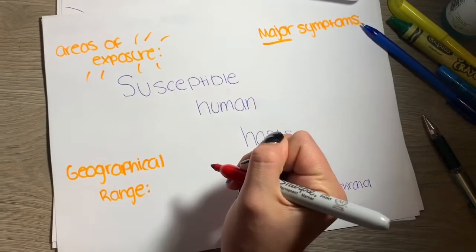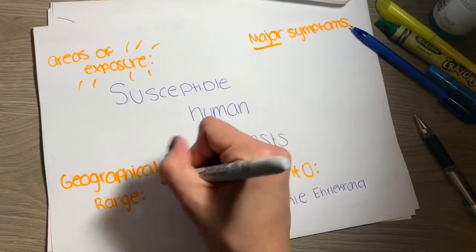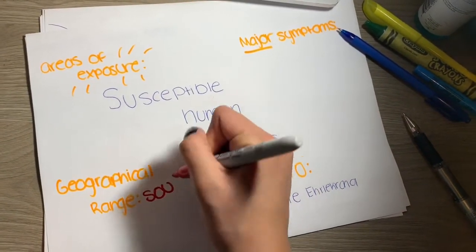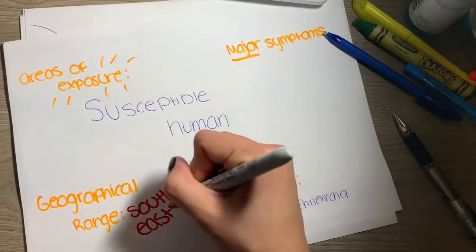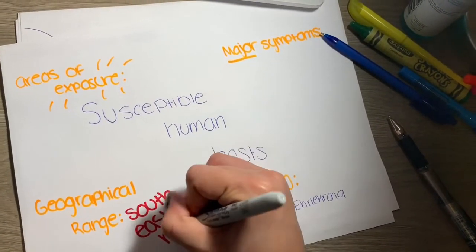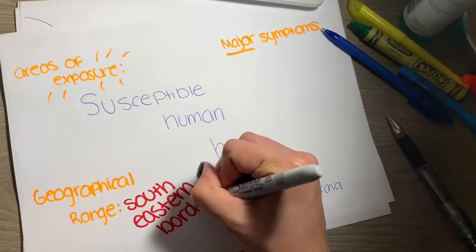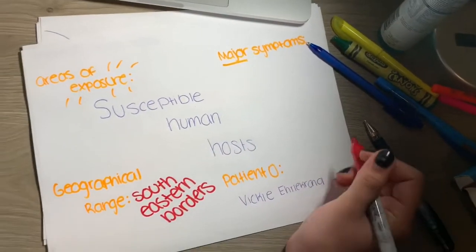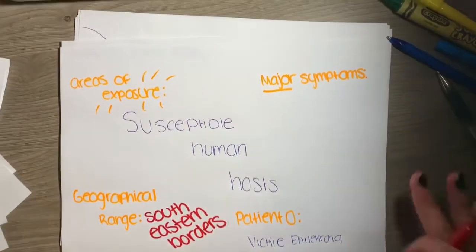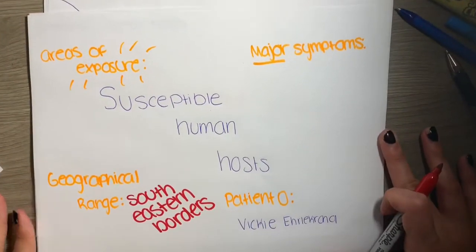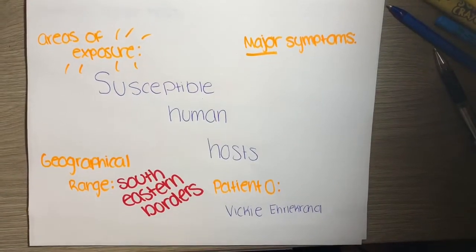Now, our overview of the hosts are going to be humans. The areas of exposure include Africa, airplanes, airports, bespotted African servals, residence homes, and their backyards. The geographical range is the southeastern borders. They're located in areas with hot and humid climates, so this is evident, and bordering bodies of water.